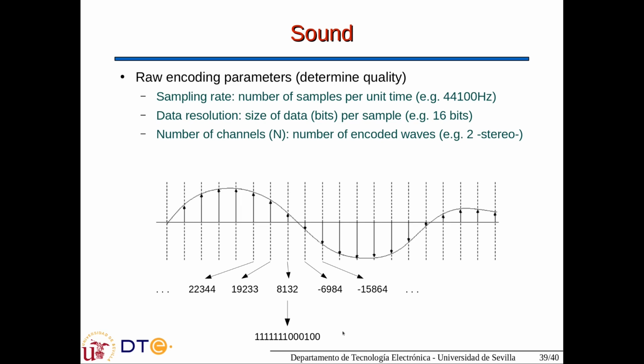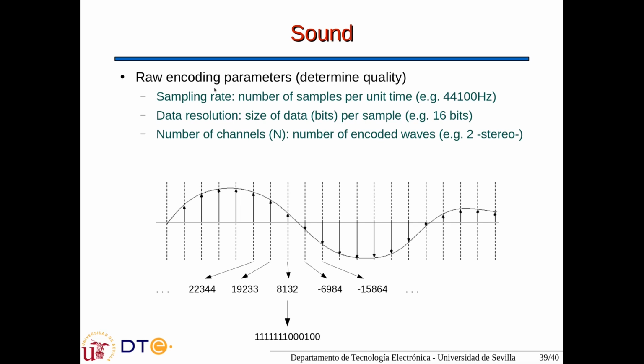Typical audio has two channels. This is stereo, one channel for the right ear, another channel for the left ear. So we may have not one waveform but two waveforms. So we do it twice, once for every wave that we want to encode, that would be the stereo signal.